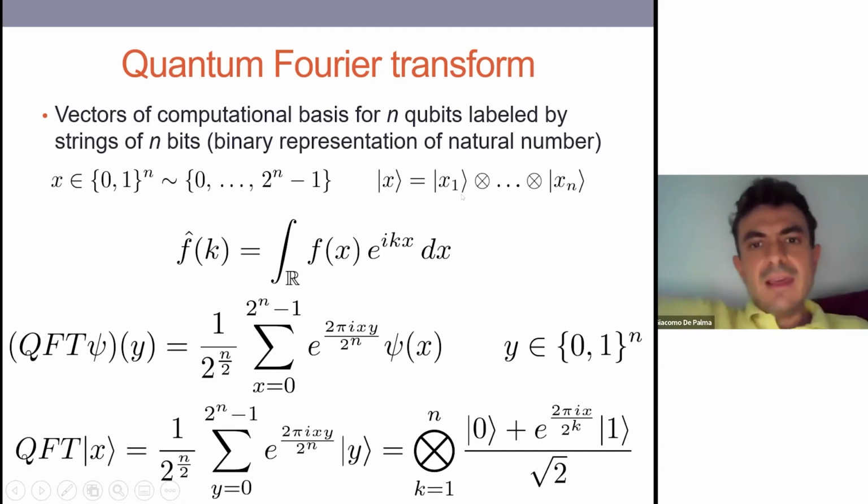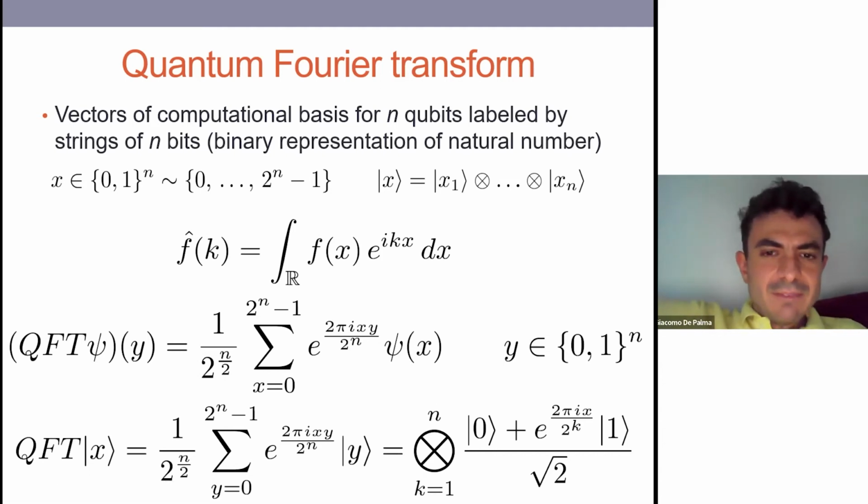But the fundamental thing that will be a key point for this algorithm is that a string of n bits can also be thought of as the binary representation of some natural number. In this way, we can get all the numbers that go from 0 to 2 to the n minus 1.